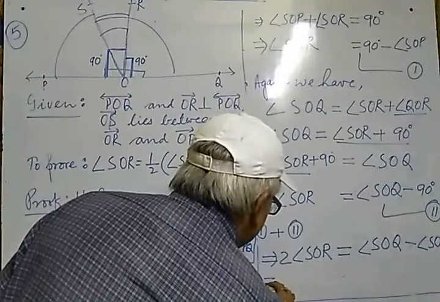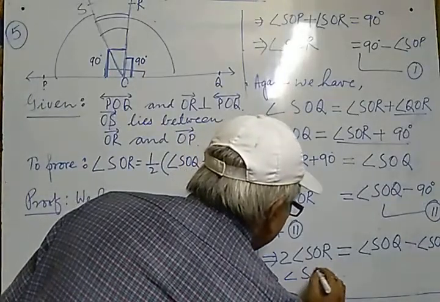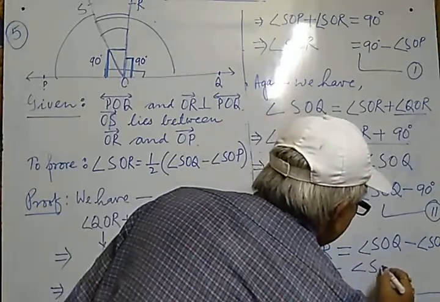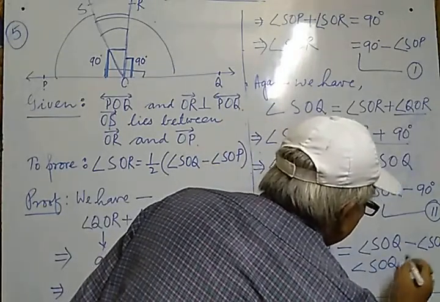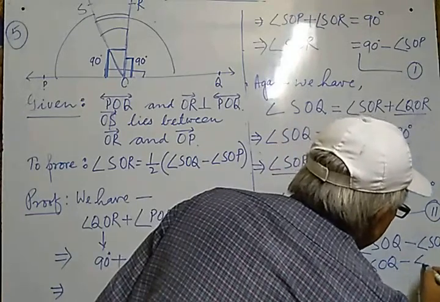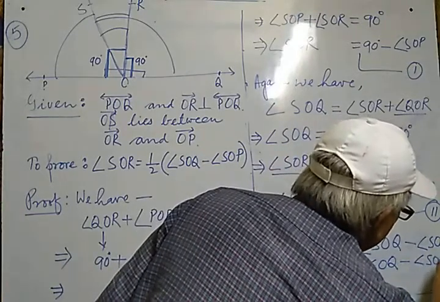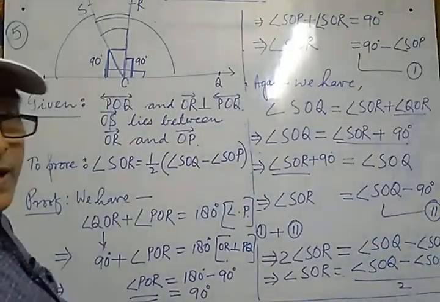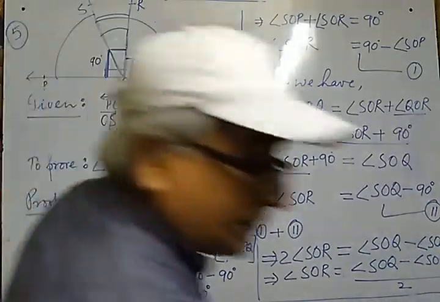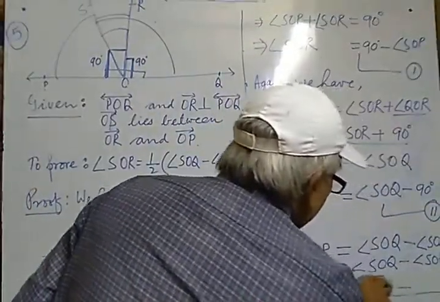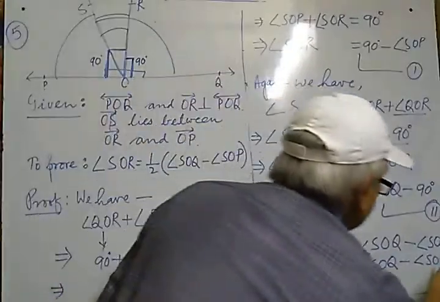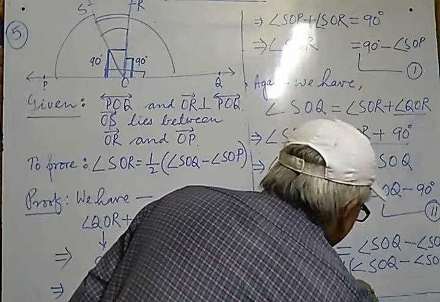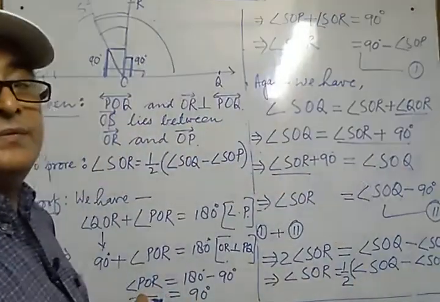So this implies angle SOR equals angle SOQ minus angle SOP, divided by 2. Either divided by 2 or another form is also there. We can note down this inside the bracket, and 1 upon 2 as it is.